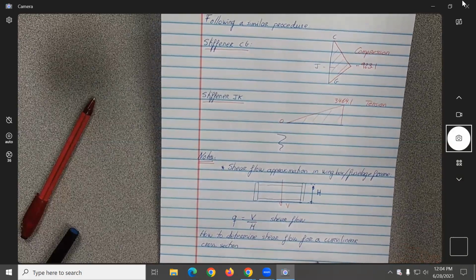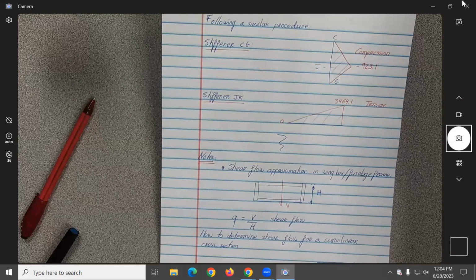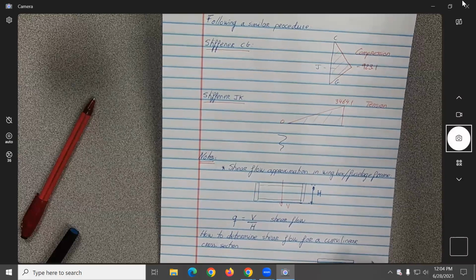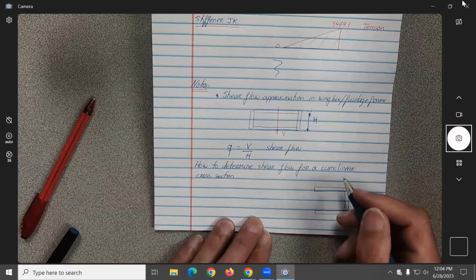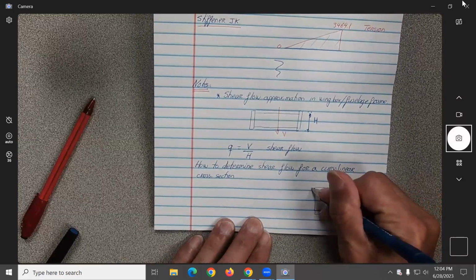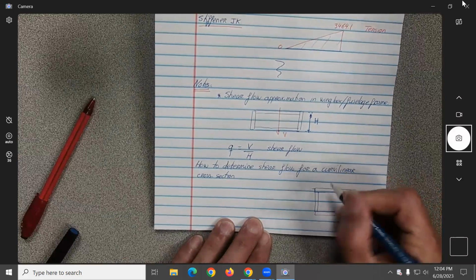So basically, I do kind of a similar figure here. And do this.